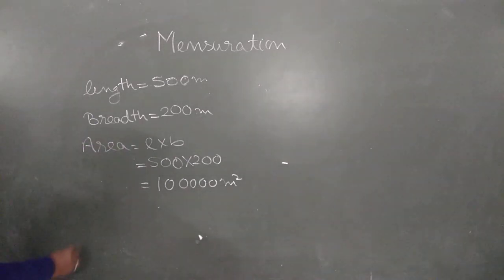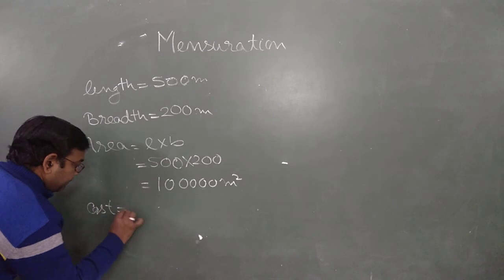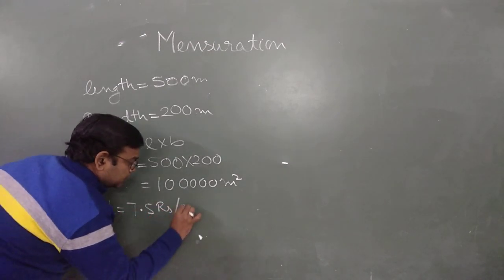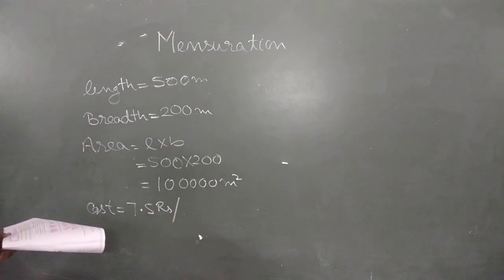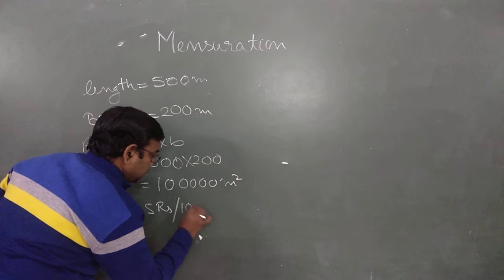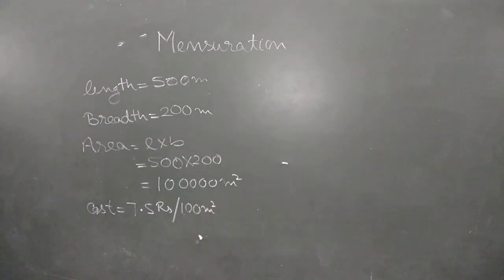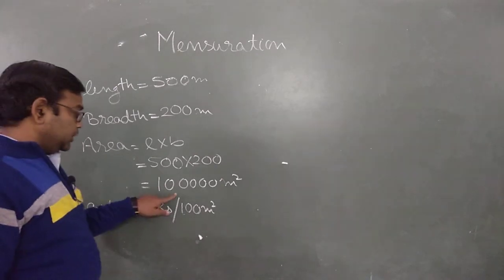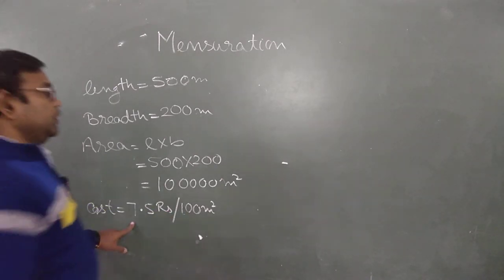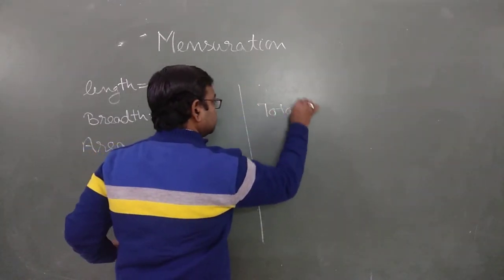Cost is rupees 7.5 per 100 square meter. What does this mean? This means we have to divide this by 100 and multiply by 7.5. So likewise you will find out the total cost.